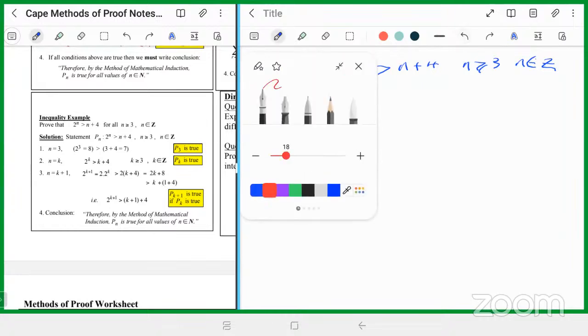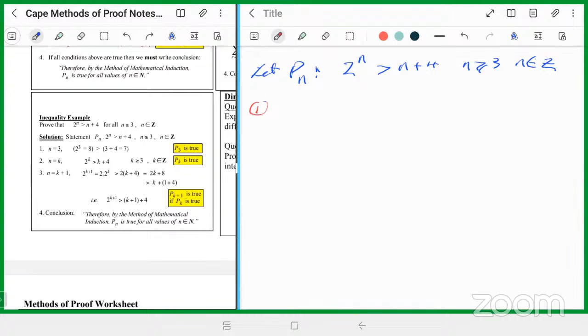So step 1, starting at n equals 3. So for n equals 3, the left side becomes 2 cubed, and 2 cubed is actually 8. And the 8 is greater than 3 plus 4. 3 plus 4 is 7, so 8 is greater than 7.